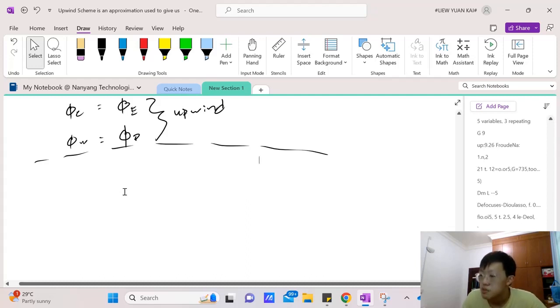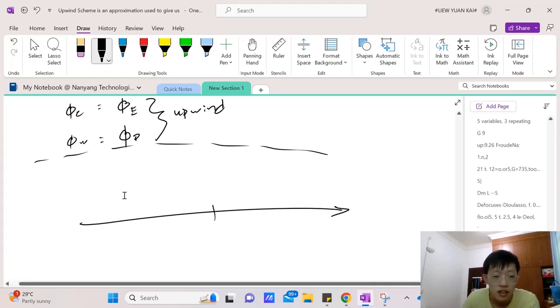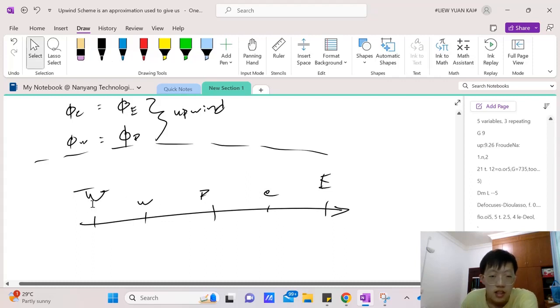It's actually possible to avoid using the upwind scheme in convection problems. We can use the central differencing scheme in convection problems, but we need to satisfy certain criteria. So let's have a look. I'm going to draw the template again: P, E, W, small w, small e.